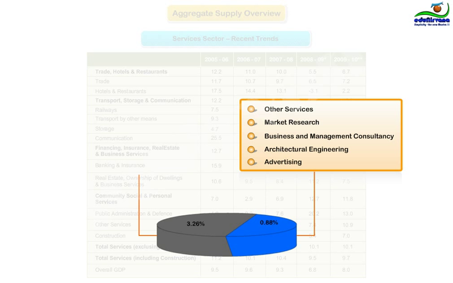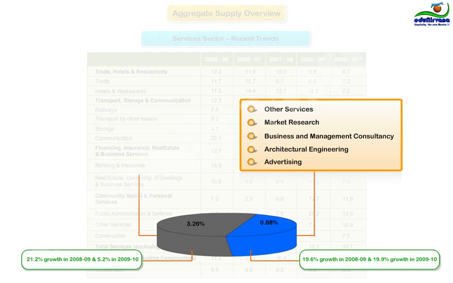While computer-related services, which grew by 21.2% in 2008-2009, registered a moderate growth of 5.2% in 2009-2010 due to the global crisis, other services registered good growth of 19.6% and 19.9% in 2008-2009 and 2009-2010 respectively.